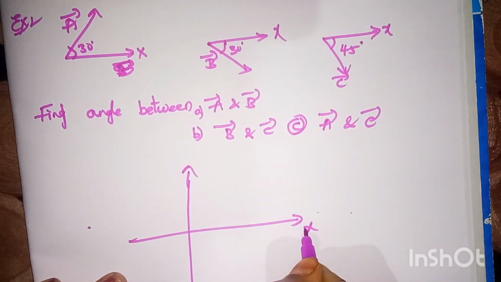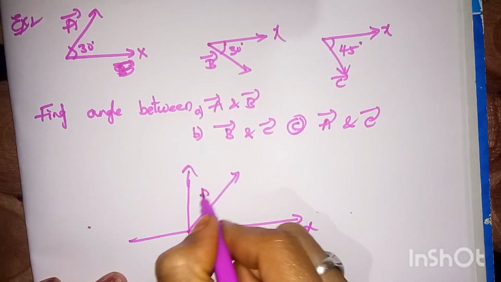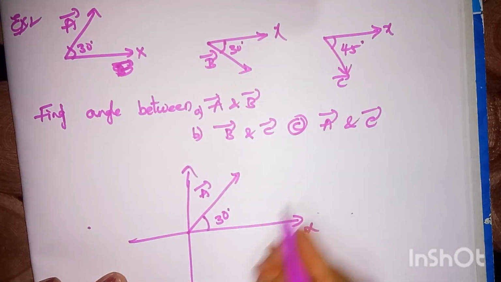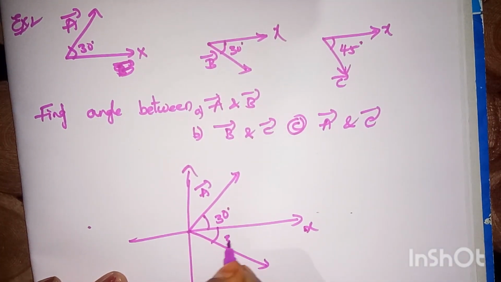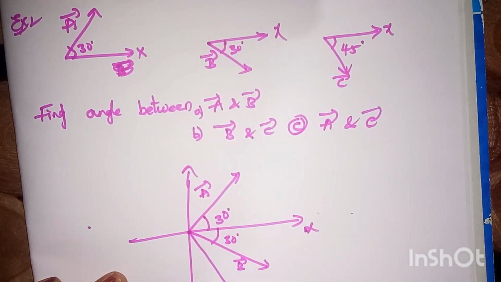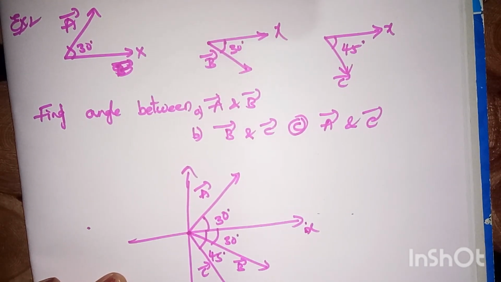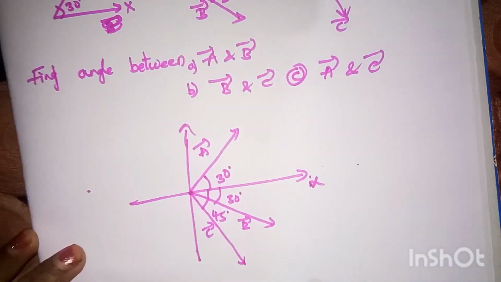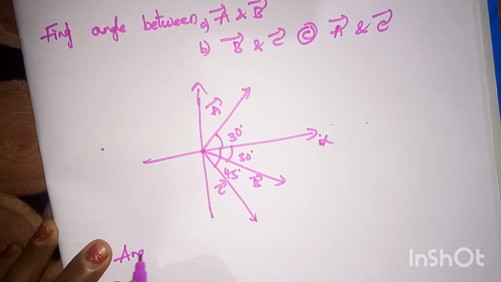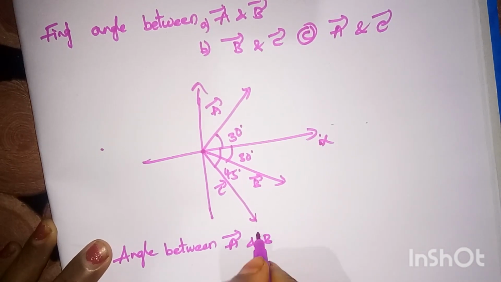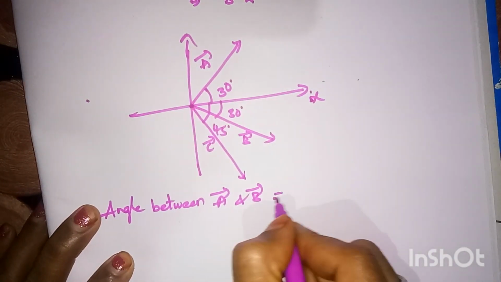So along the x-axis, the angle made by the a vector is 30 degrees, by the b vector is 30 degrees, and by the c vector is 45 degrees. They ask to find the angle between AB, BC and AC. First, the angle between a bar and b bar.